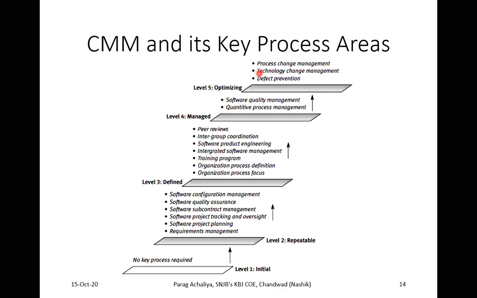That means you are changing your technology. How you are going to change it, what the process of changing the technology will be, everything will be done in this level 5 of optimizing. The next activity will be process change management in your level 5. These are your 5 levels and these are the different key process areas of each level of your capability maturity model.